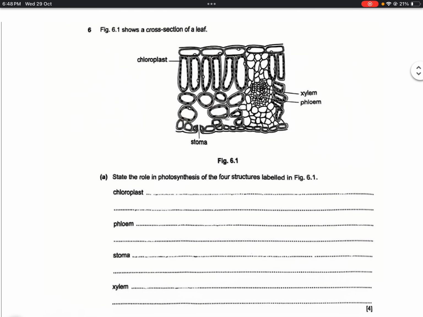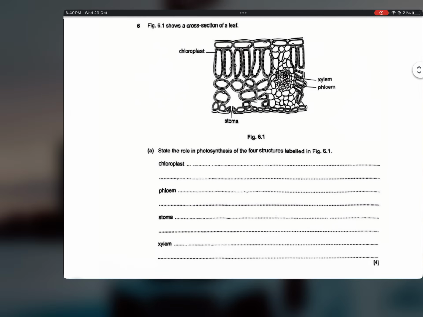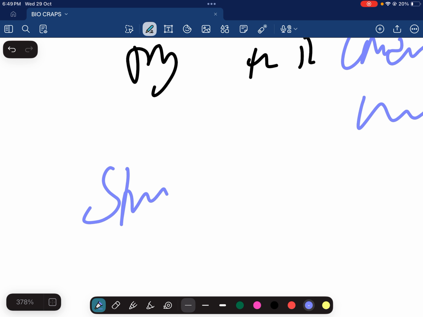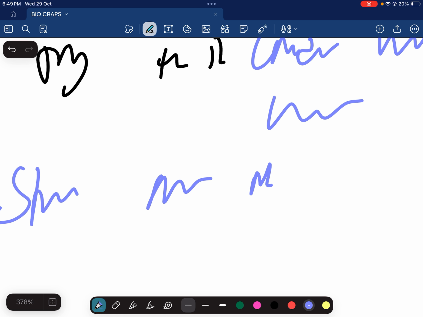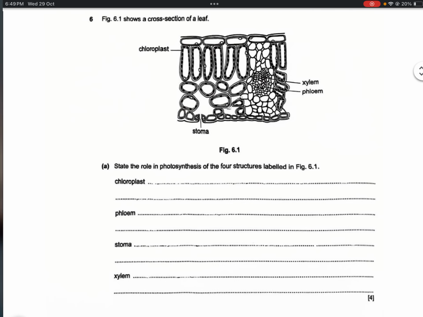Xylem is to transport, no, we can say conduct water towards the leaf. What is the other thing I'm missing? Let me check. Yeah, stoma. So stoma allows the carbon dioxide to enter through, allows the exchange of gases.